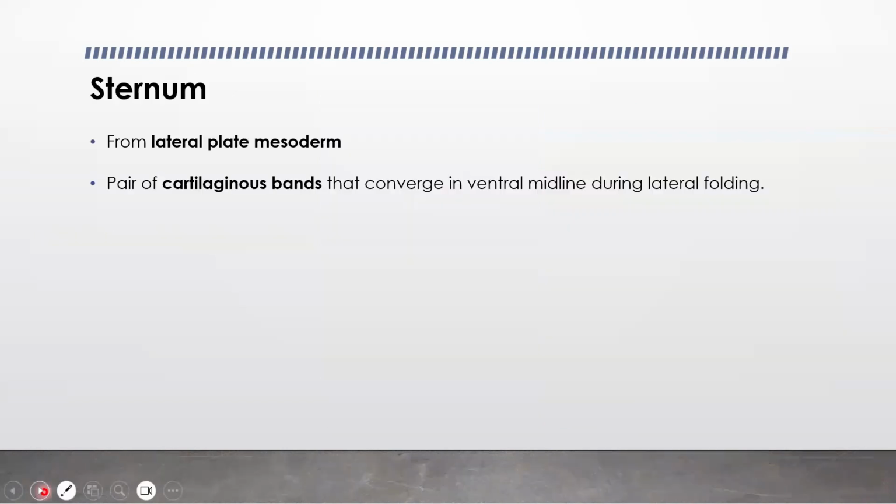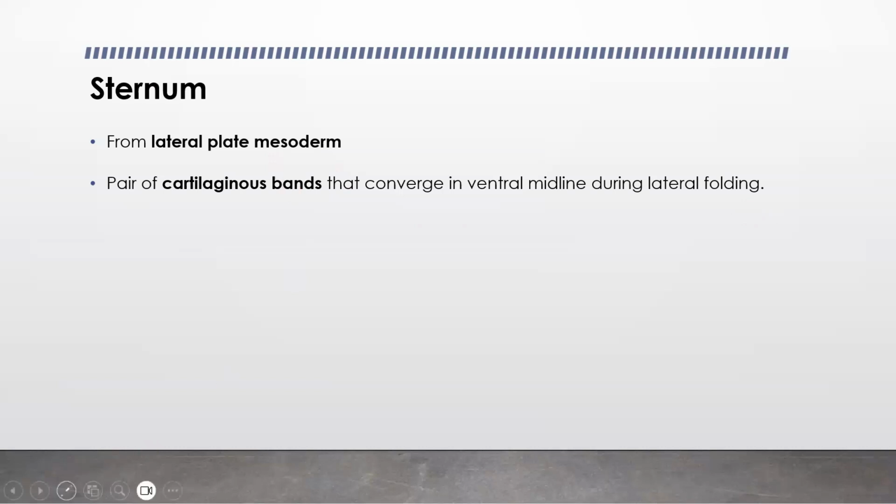Yeah, so we'll go to maybe the last structure. We have the sternum, and then we'll go to the ribs. The sternum comes from the lateral plate mesoderm. Remember during lateral folding, you have the formation of cartilaginous models, a pair of cartilaginous models that converge in the ventral midline during lateral folding.